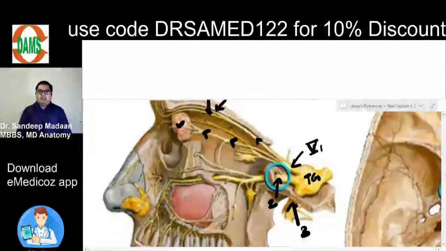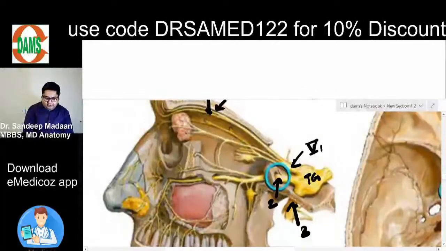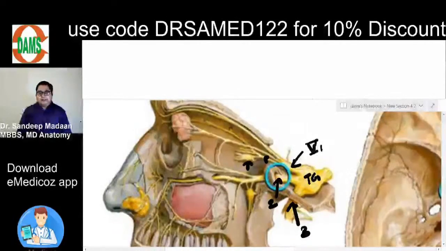The lacrimal nerve. Are you understanding? The previous one giving two branches was the frontal nerve, right? Now we can see this nerve, the nasociliary nerve, which is holding this ganglion. What is this ganglion? The ciliary ganglion, right?